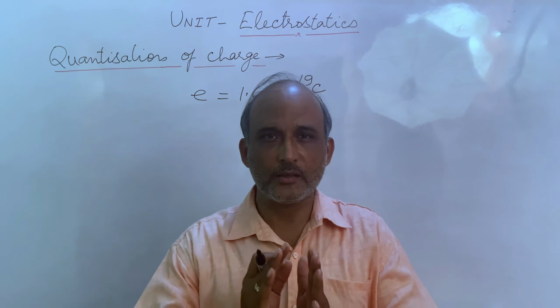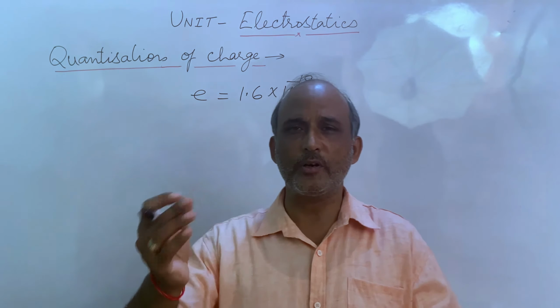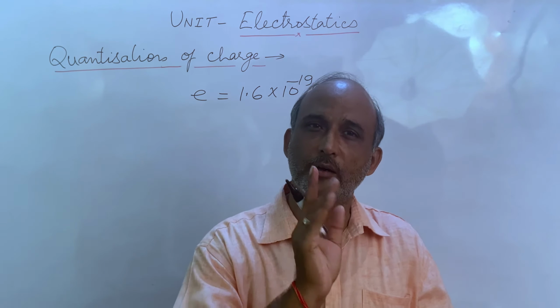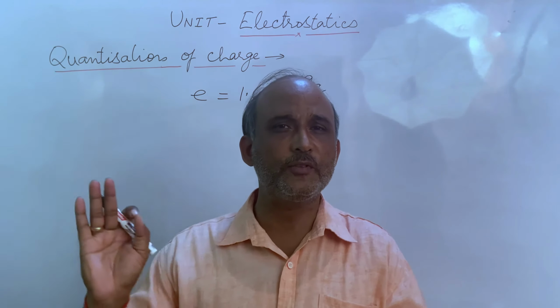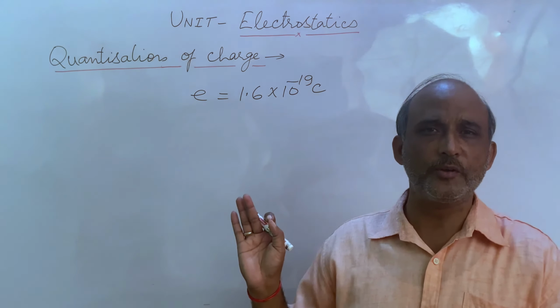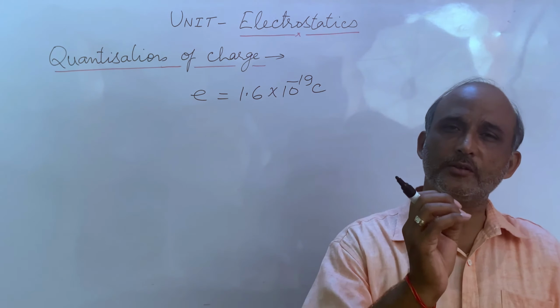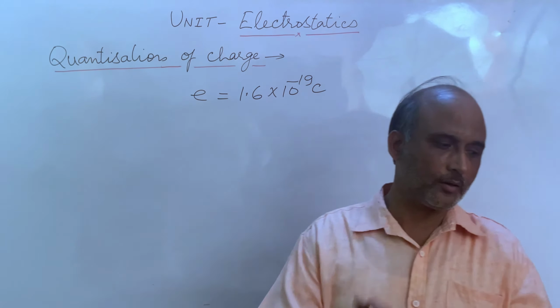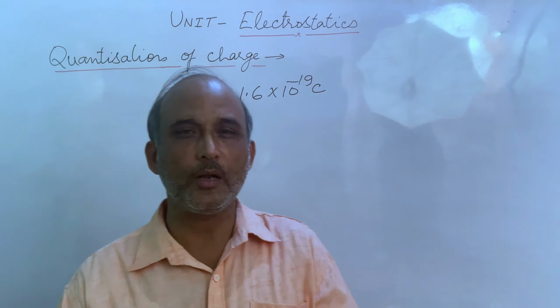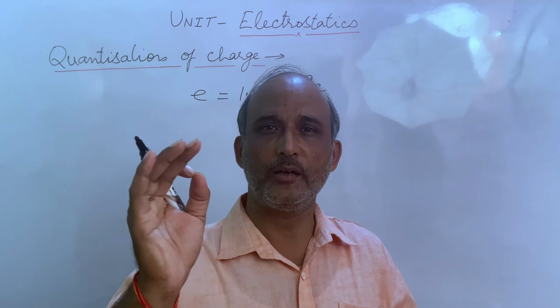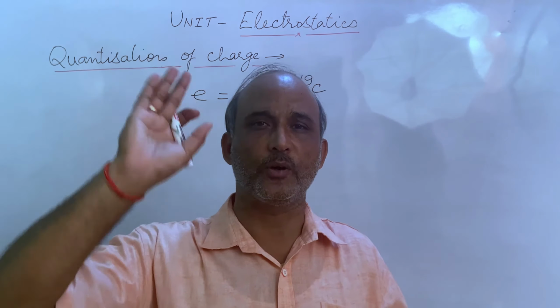When electrons are transferred from one body to another, the number of electrons transferred will be integral numbers like 1, 2, 3, 10, 11, 15 and so on.